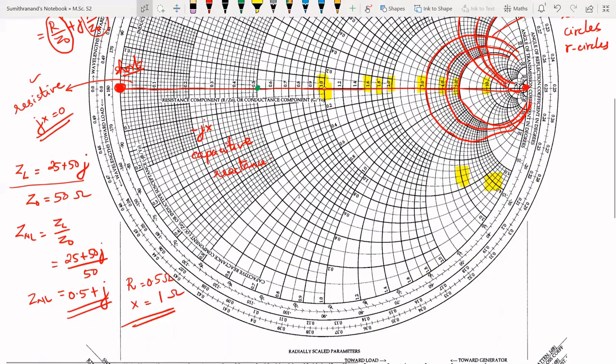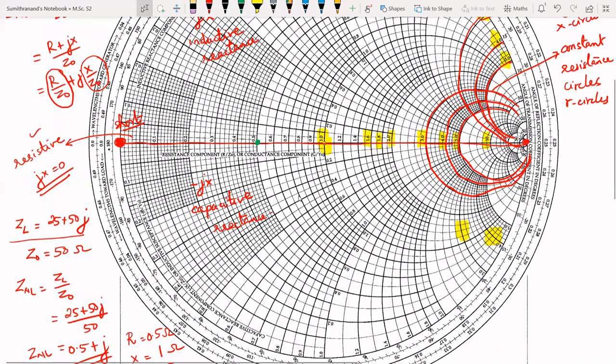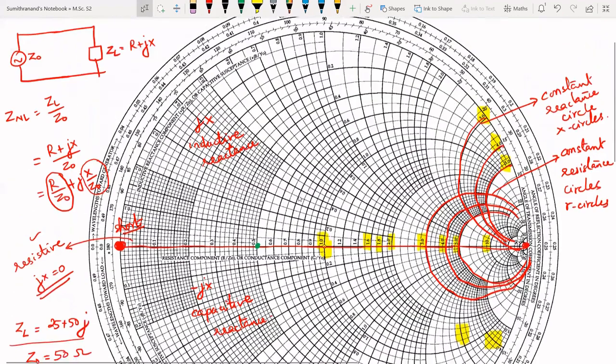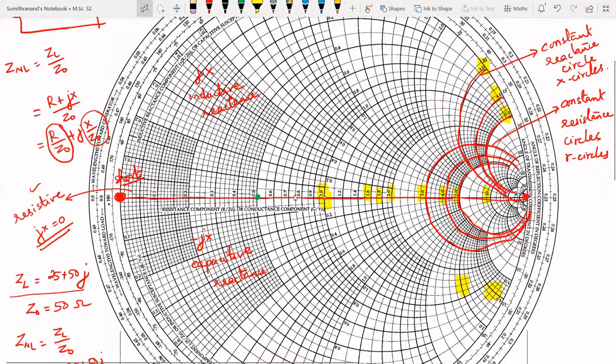And we can draw that constant resistance circle with a resistance 0.5. So let me draw the circle. Actually, it should be drawn with a compass. Now, let me draw this side.